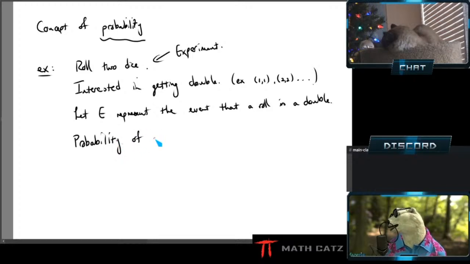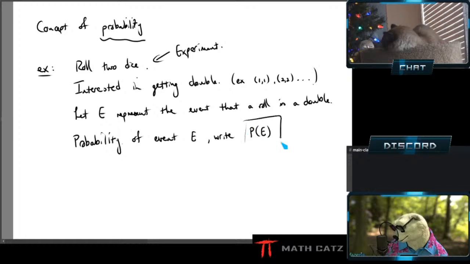So the probability of event E occurring, we're going to write in short as P for probability and then E in brackets. Technically speaking, you need to define your event first, just like you do your sets, and then this should be completely mathematical and symbolic using those names.